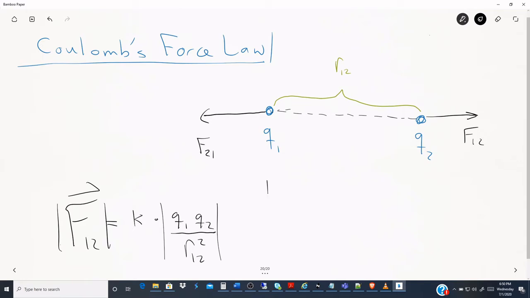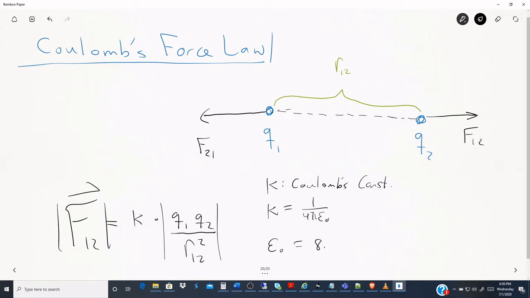The proportionality constant is called Coulomb's constant. And Coulomb's constant has a special form. It is equal to 1 over 4 pi epsilon 0, where epsilon 0 is something called the permittivity of free space.